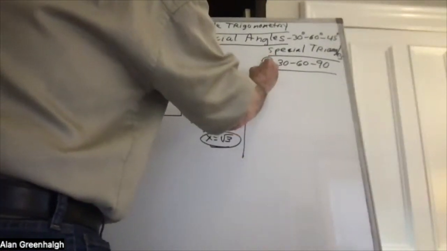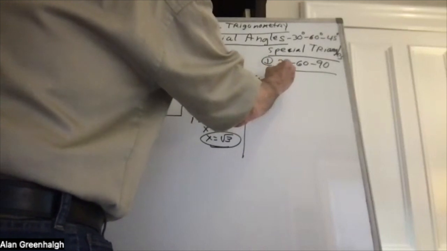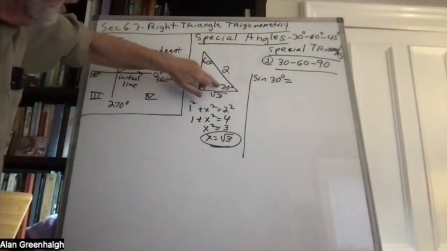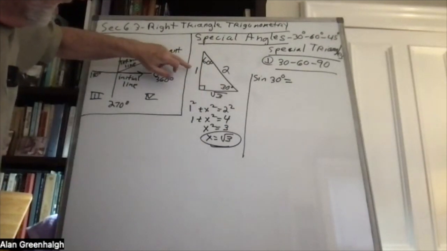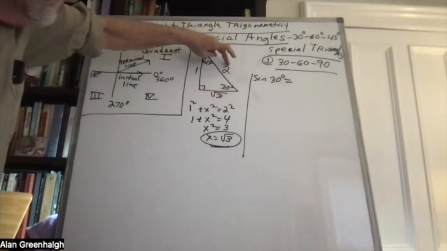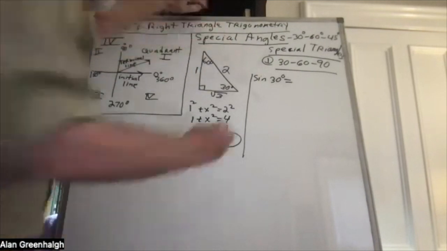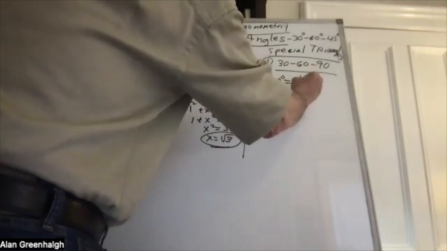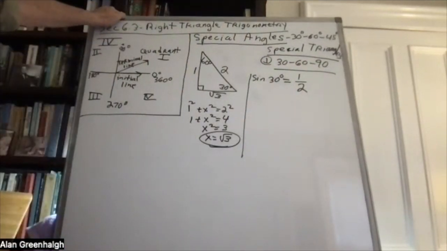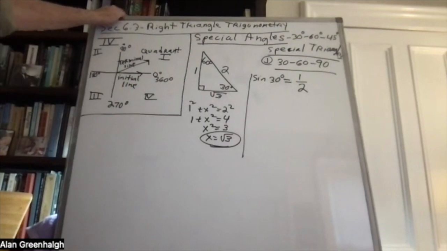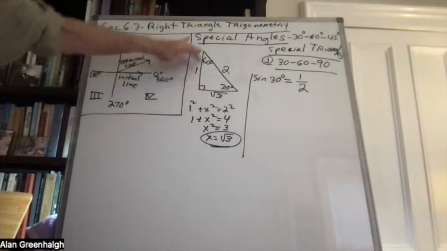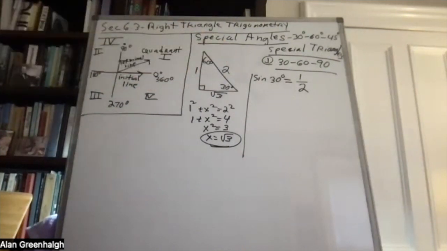The sine of 30 degrees. Here's 30 degrees. The sine is the opposite over the hypotenuse. Therefore, the sine of 30 degrees is equal to 1/2. The opposite, the side opposite the angle, divided by the hypotenuse.